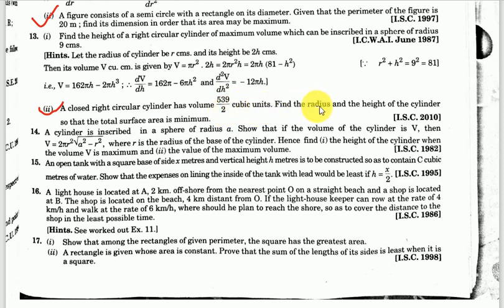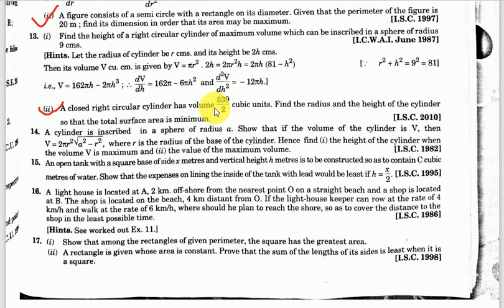Find the radius and the height of the cylinder so that the total surface area is minimum. So here we have a right circular cylinder whose volume is already given to us. So the volume is known to us.